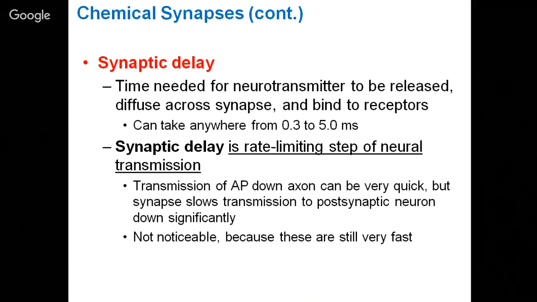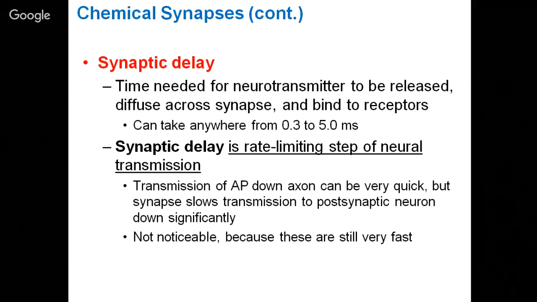Talking about the synaptic transmission, there's a word called synaptic delay. Synaptic delay is the time needed for the neurotransmitter to be released, diffuse across the synapse, and bind to receptors. It could take either 0.3 milliseconds or up to 5 milliseconds.